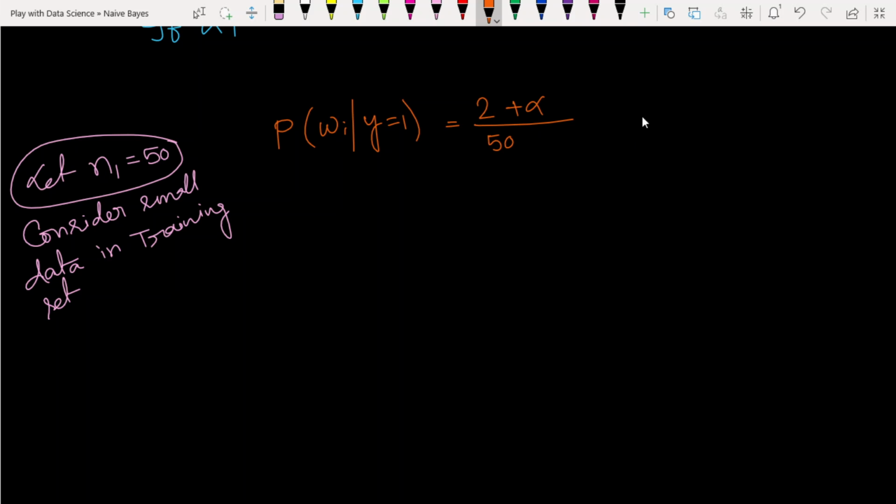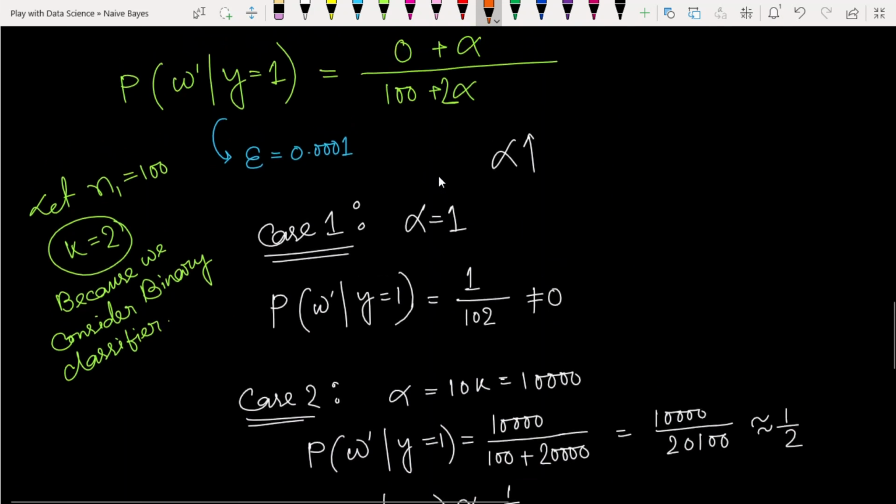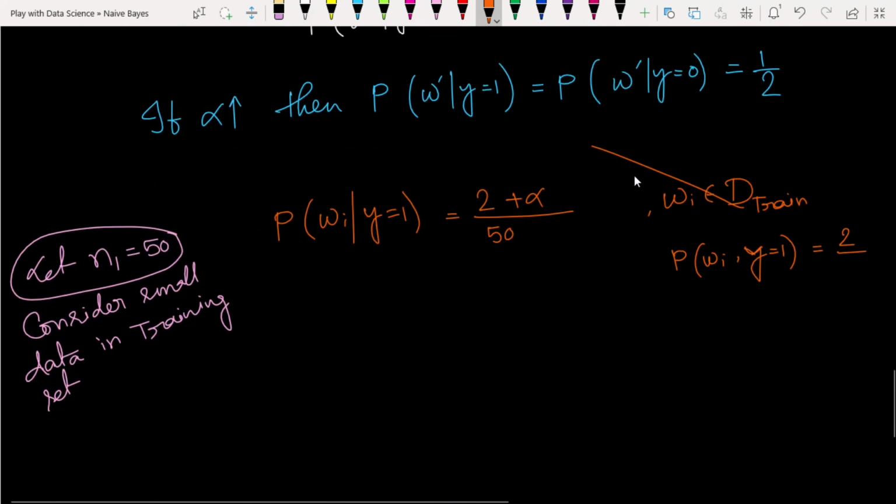Suppose our Wi belongs to our training data, and the probability of this Wi with class label y equal to 1 is, suppose, 2 by 50, meaning 2 out of 50 data points.